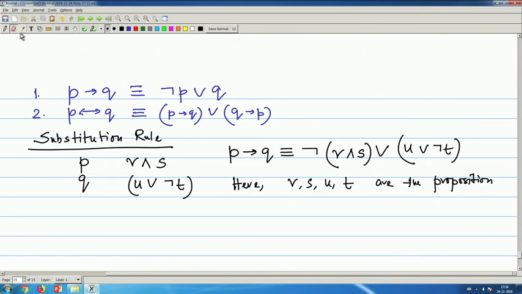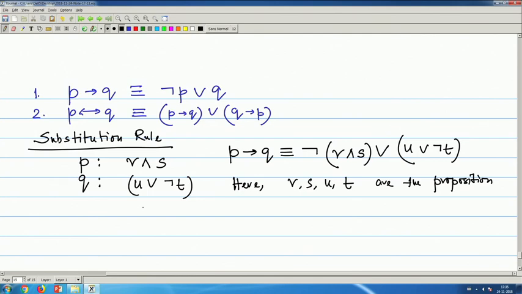So if I take P to be the same as R and S, then we can apply this substitution.